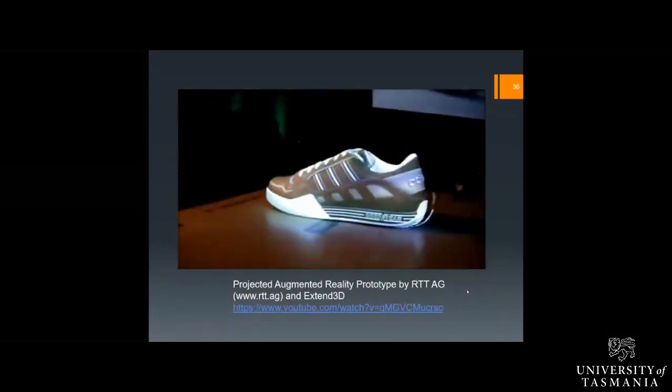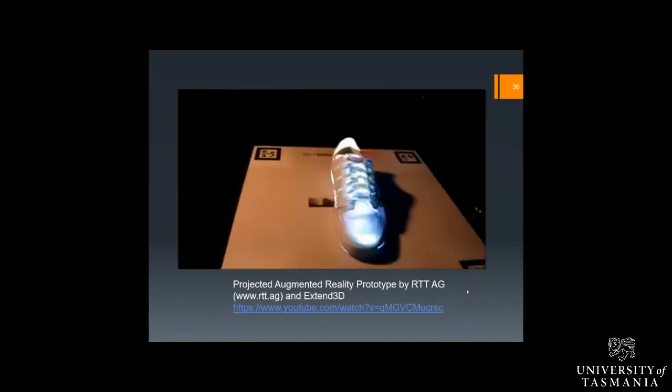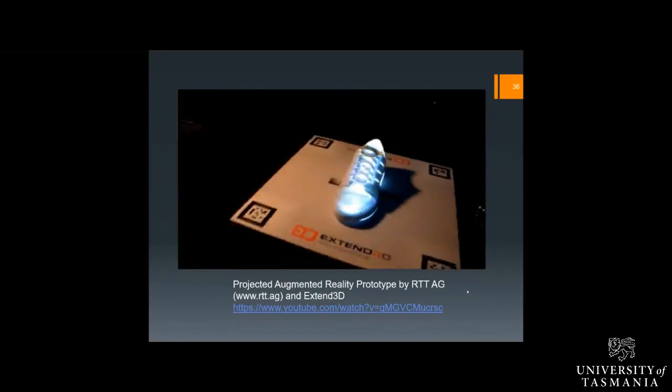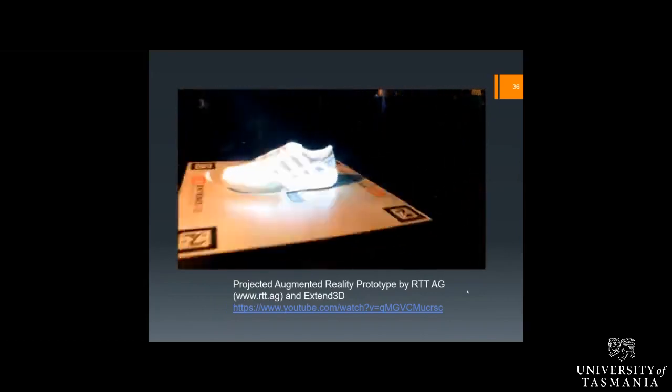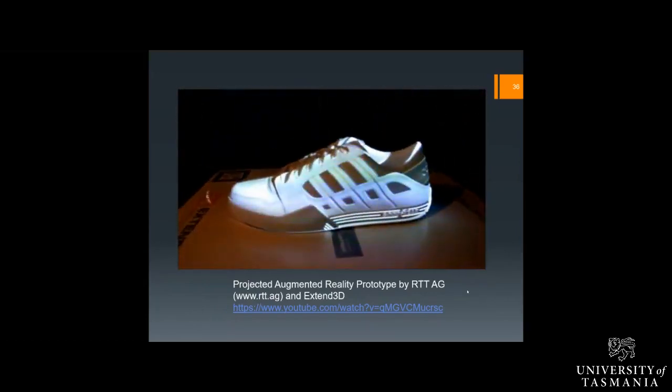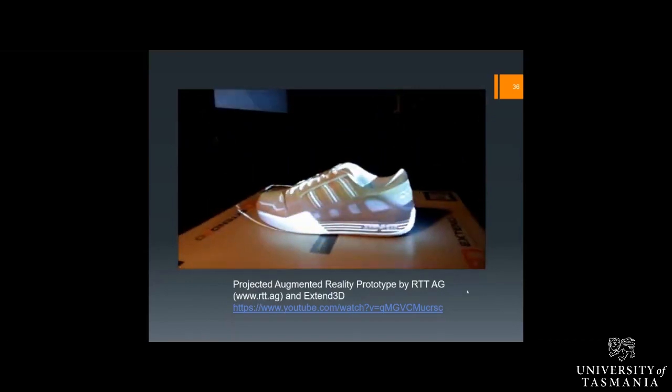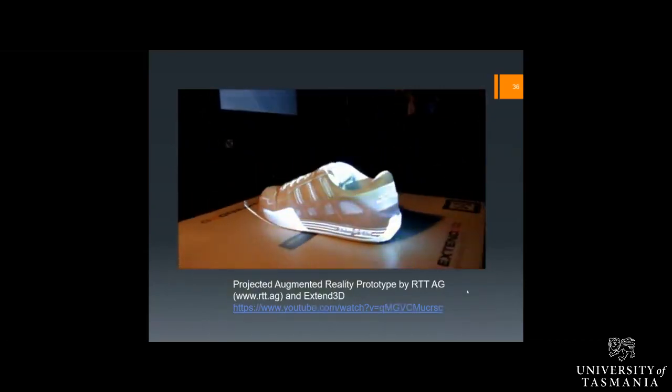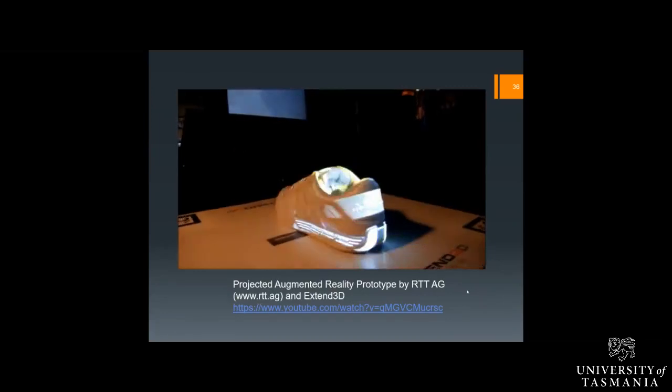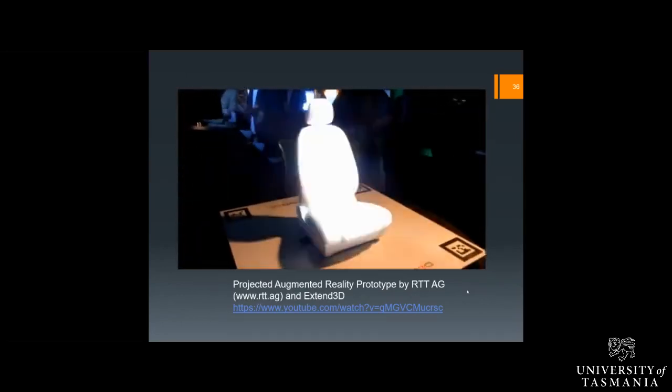Okay. So what makes sense for the shoes? Of course, you don't necessarily want to change the shape of the physical shoe, because that's hard to control. That's a projector. Yeah, this is the same concept.